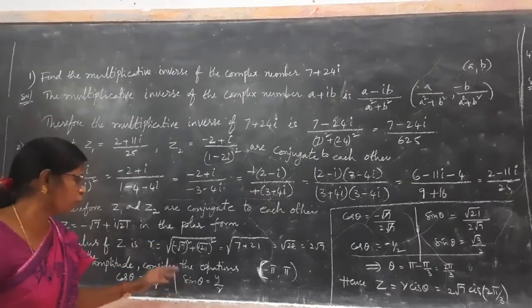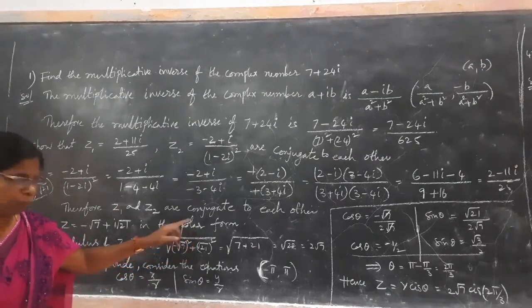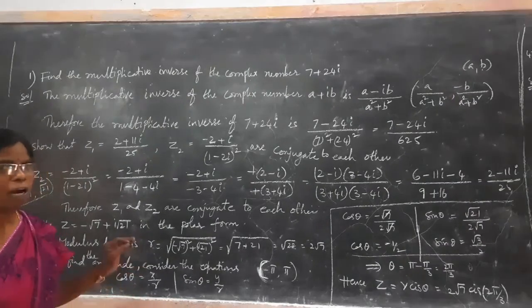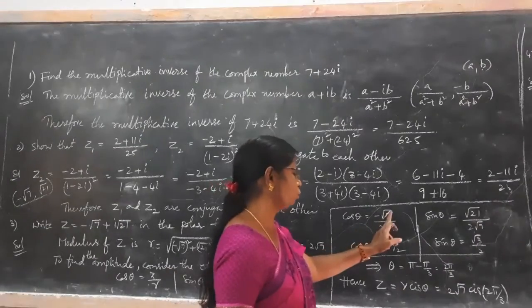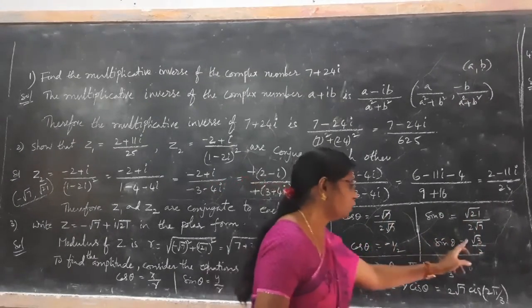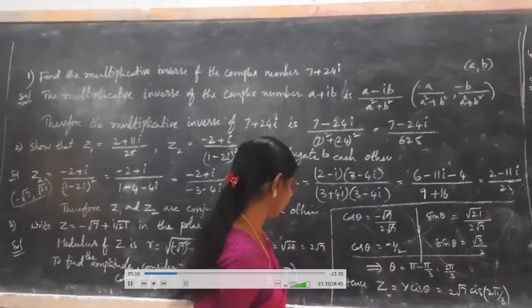Generally, when writing in polar form, we take theta as the principal amplitude. So we have to search for the value of theta satisfying these equations which lies in this interval.